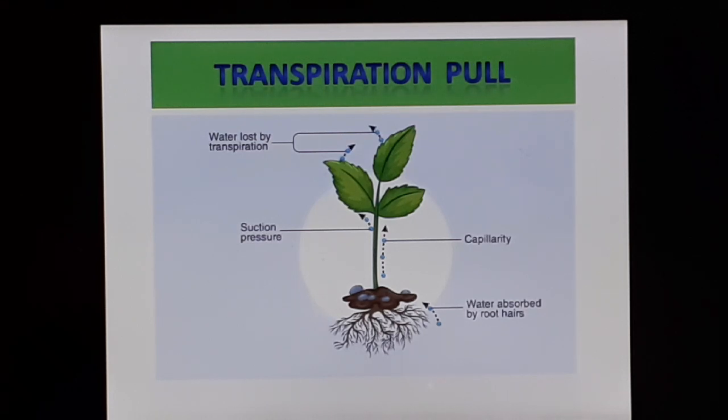This is called transpiration pull. Transpiration pull and root pressure push are simple physical forces. The upward movement of water during daytime mainly takes place through transpiration pull, and during night time the factor responsible is the root pressure push.